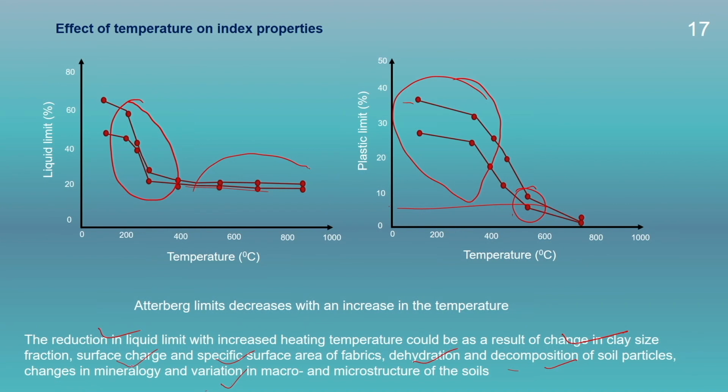As the particle size increases, the specific surface area of the soil decreases, and therefore, the plasticity behavior also changes. This also shows that the kaolinite becomes non-plastic after heating it at around 500 degrees centigrade, whereas the montmorillonite becomes non-plastic when we heat it to around 600 degrees centigrade.